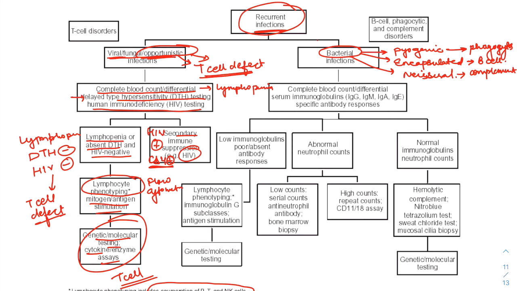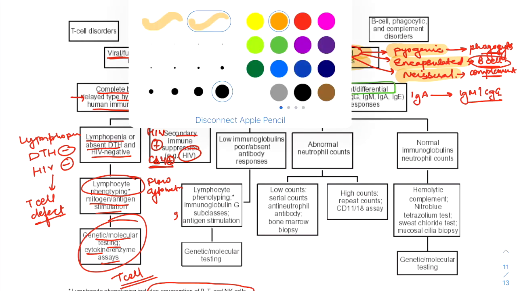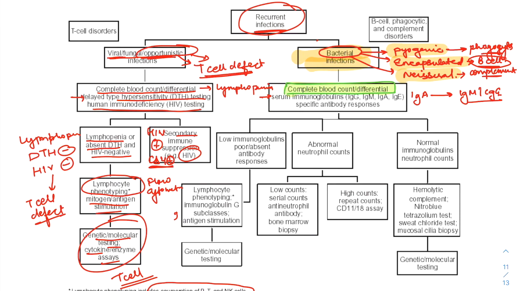Now, if there's presence of recurrent bacterial infections, as here, that can be either pyogenic, encapsulated, or recurrent Neisseria infections, we do the complete blood count or the differential blood count to check the absolute neutrophil count. If the absolute neutrophil count is abnormal, that is either it is high or it is low.